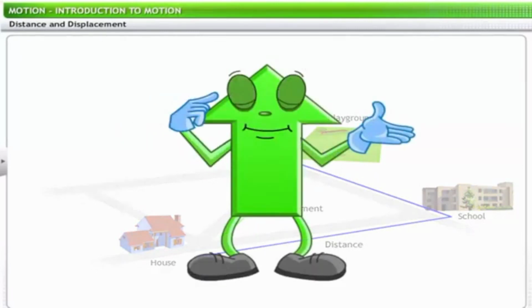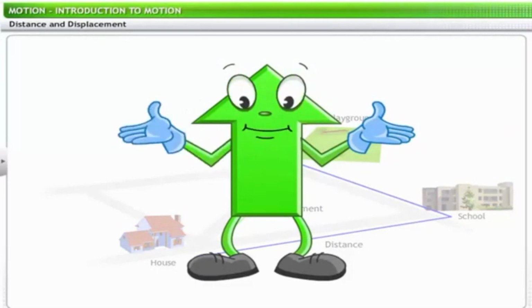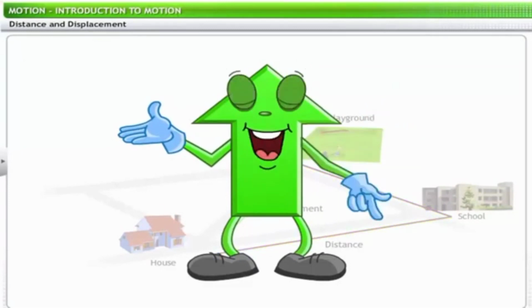Hi, I am called displacement. I will always show you the shortest distance between the initial and final points, or the aerial distance between 2 points. My cousin is called distance. We often look similar, so it can be a little confusing for people at times.